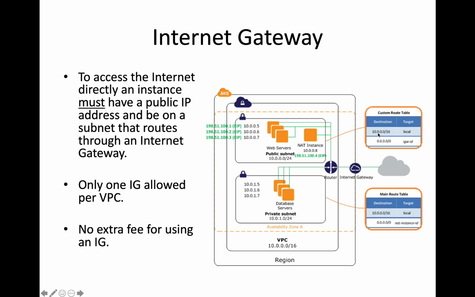So the first rule says any traffic which is destined for a resource within the VPC network, then just route it locally. Otherwise, any other traffic should be routed out through the internet gateway.